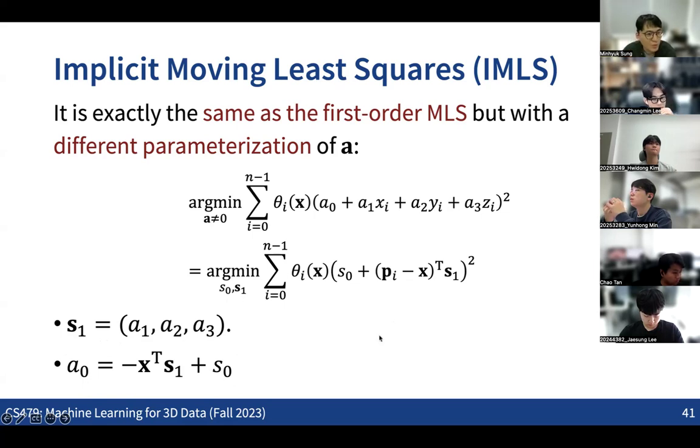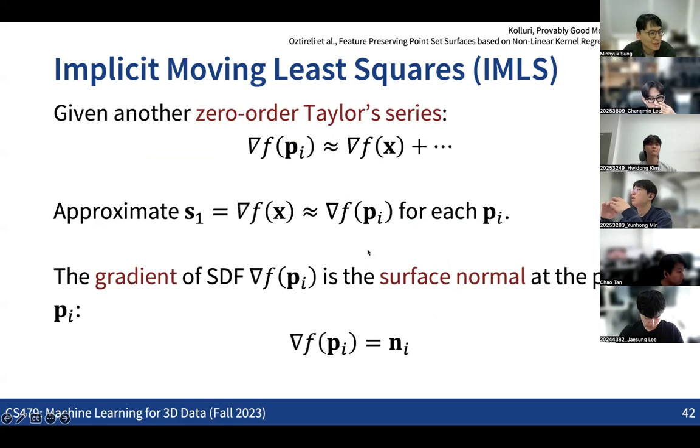And here the thing is that we are going to use a crude approximation. Instead of estimating the best gradient of the function at the query point x, where S1 is basically that gradient, we are going to use a very crude approximation: replacing the gradient of the function at the query point with the gradient of the function at each of the points pi here.